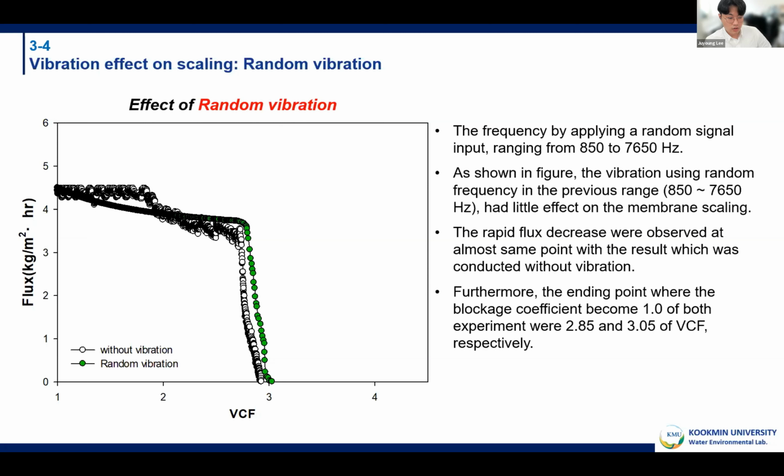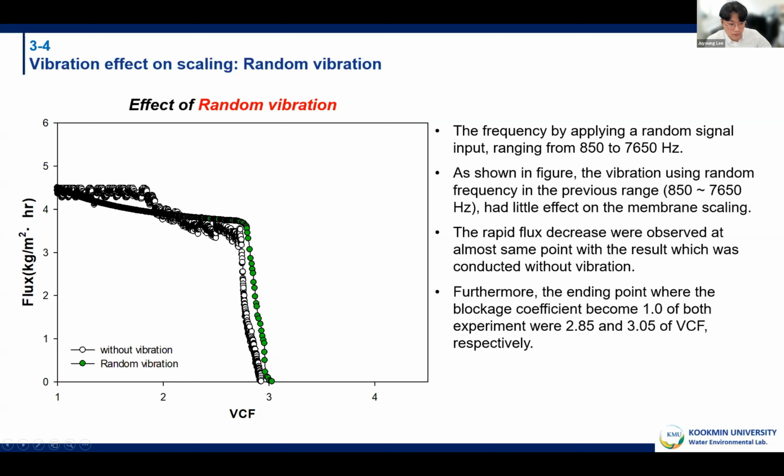We considered two additional vibration modes depending on the types of the signal input. The first one is the random vibration, which is created by a random signal input. The second one is the patterned vibration, which is created by a music signal input. In this slide, the random vibration was applied to DCMD.